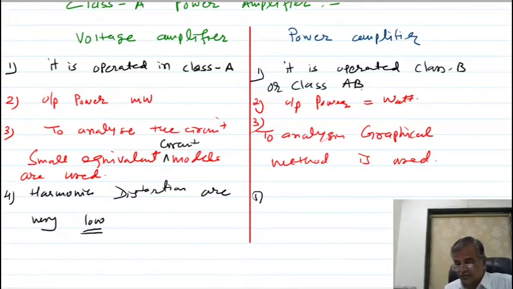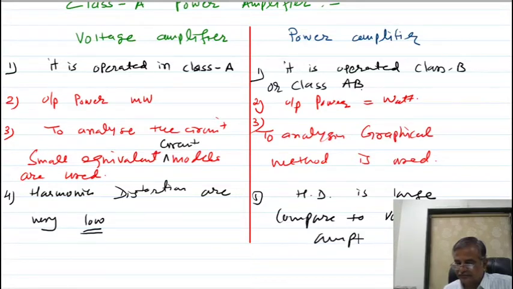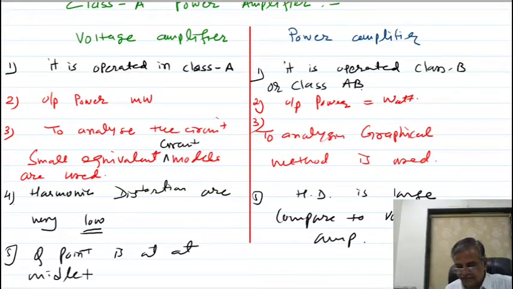Here harmonic distortion is large compared to the voltage amplifier, because here the Q point is at the middle point of the load line.